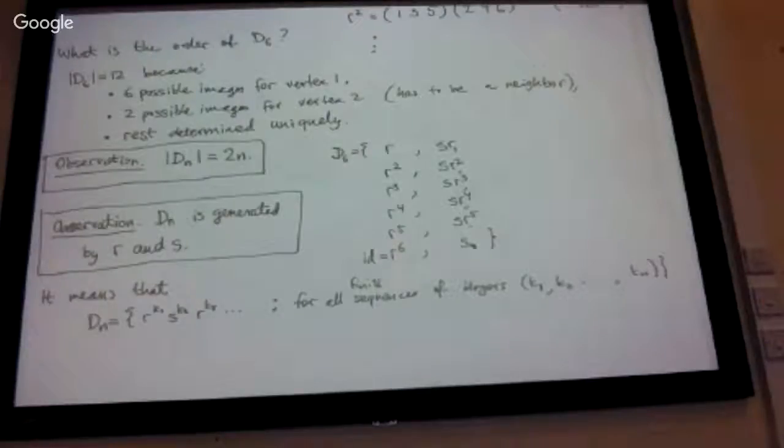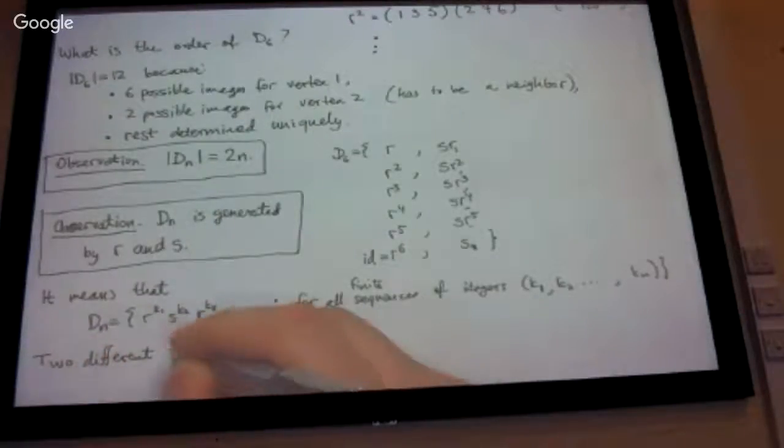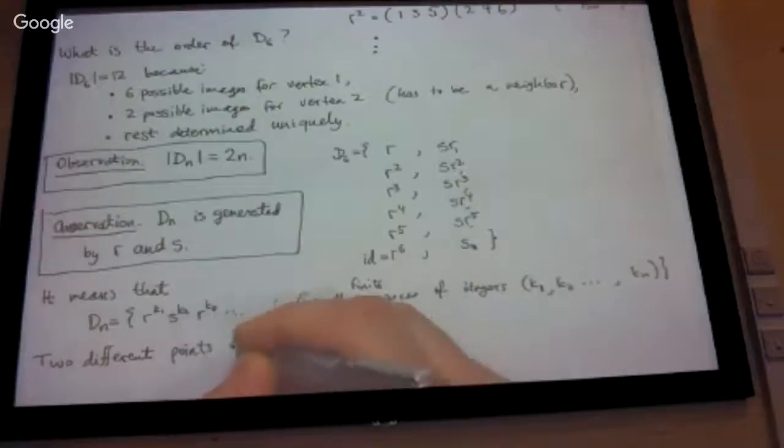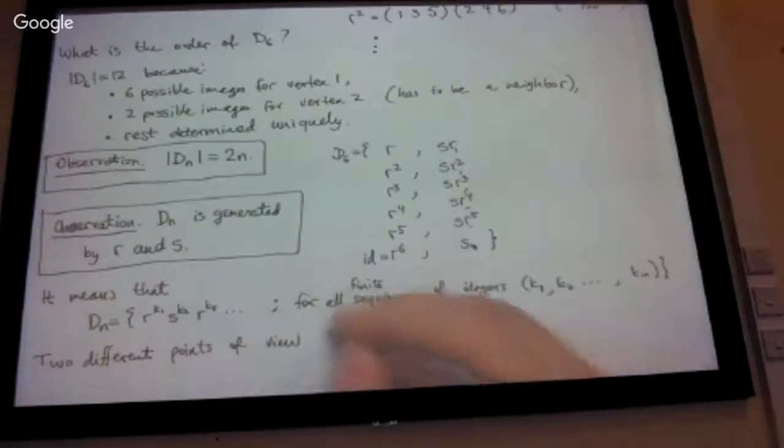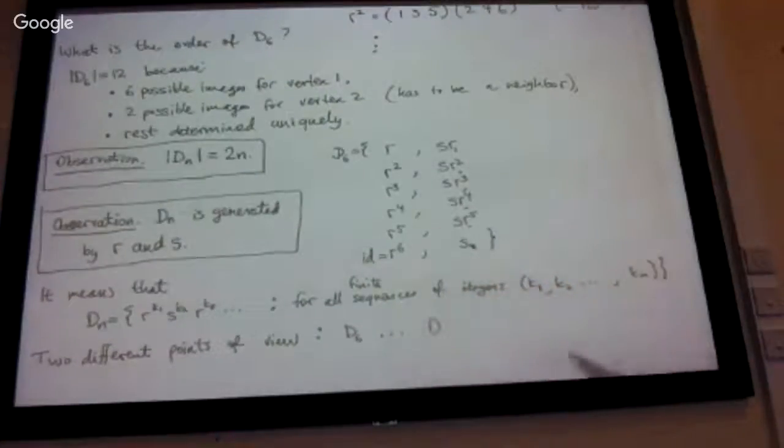So we've already seen two different descriptions of these groups, really. In fact, D6 was number 1.